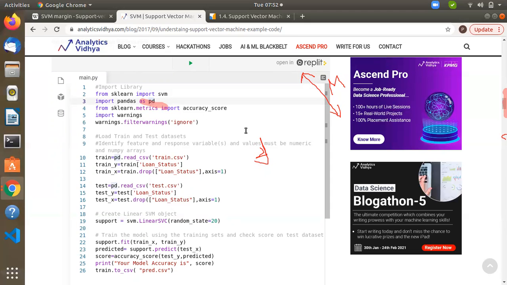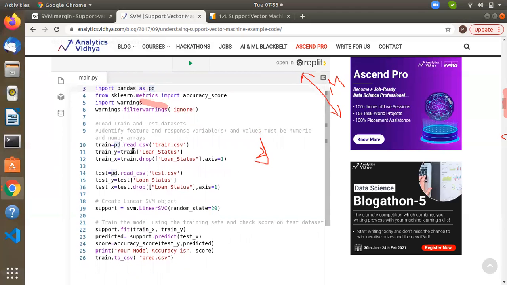For implementation, it is as simple as implementing logistic regression. From sklearn we import svm, and pandas is common, and we import accuracy as a metric for measuring the score.